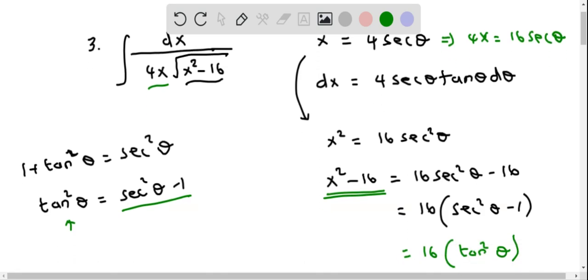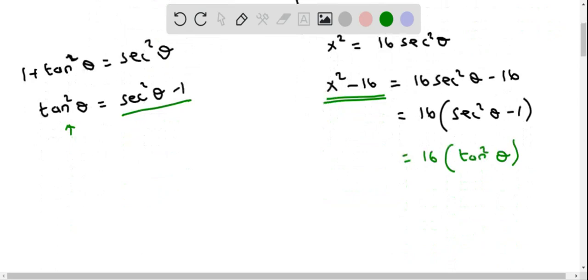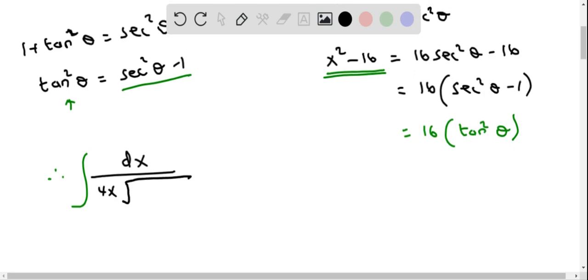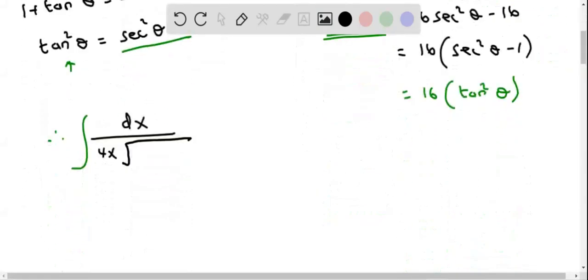So now let's rewrite our original integral in terms of theta. That is, I'm going to copy the original integral, dx divided by 4x times the square root of x squared minus 16.